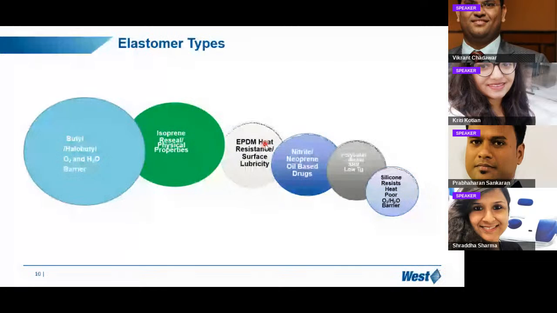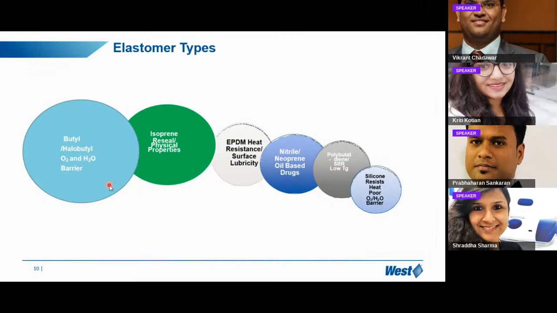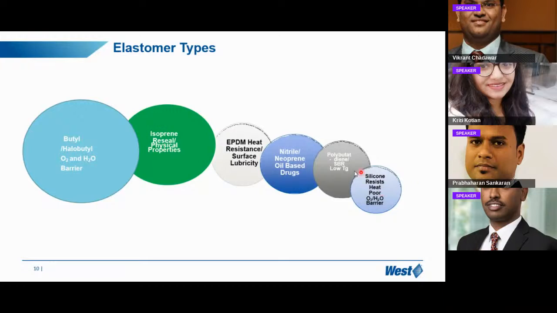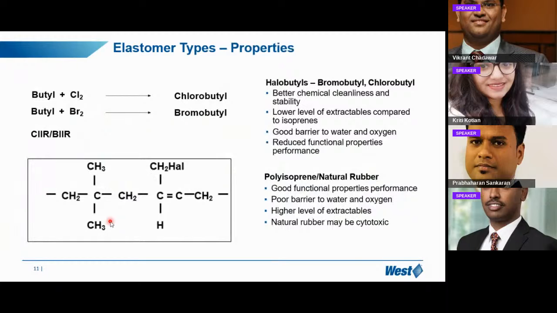Whatever we are going to study is mostly on butyl or halobutyl rubber because it has excellent oxygen and H2O barrier properties. So we are not going to study silicone rubber or SBR rubber. Most of the rubbers we are manufacturing are butyl or halobutyl rubber. In the halobutyl version, we are putting a halogen, either chlorine or bromine.